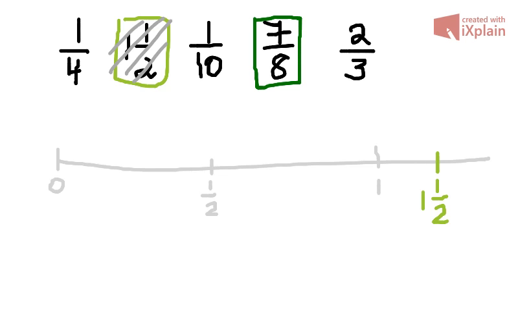So imagine you have a whole that has been divided in 8 equal parts, and you have shaded 7 of those. So it's the idea of being almost 1. So put it here to the left of the 1, but very close to it. And we don't need to worry about that fraction anymore.